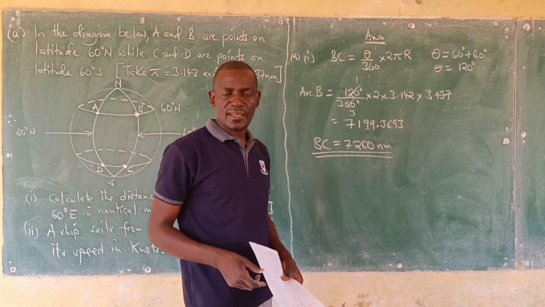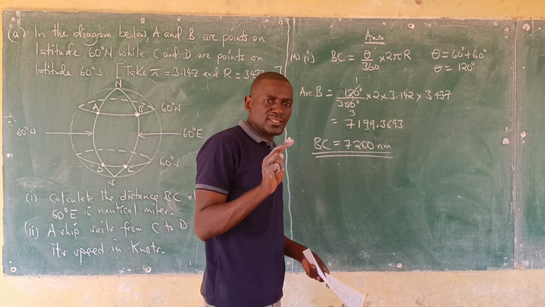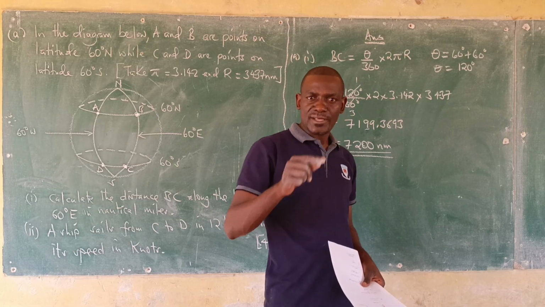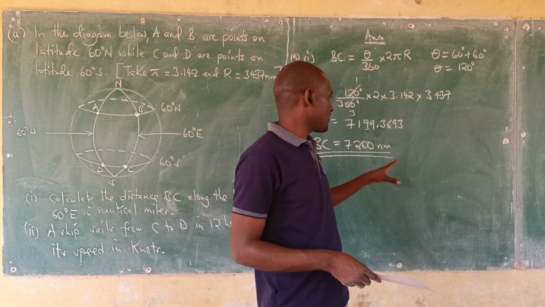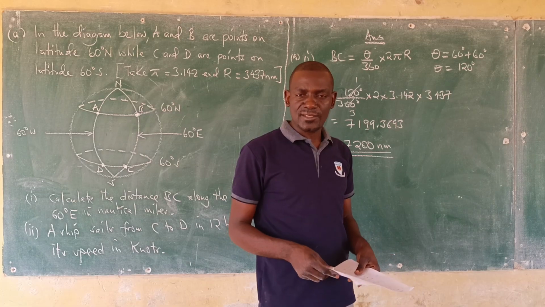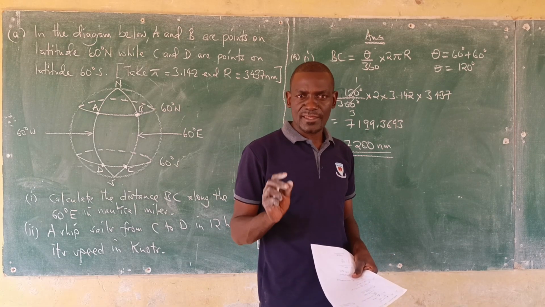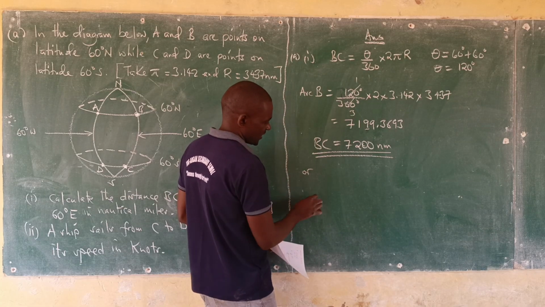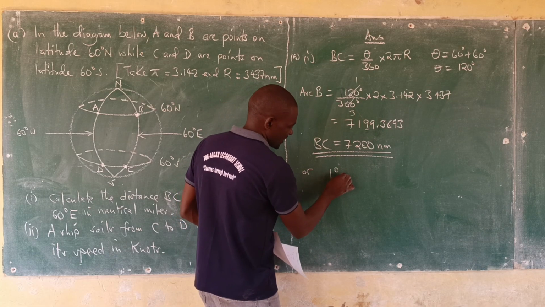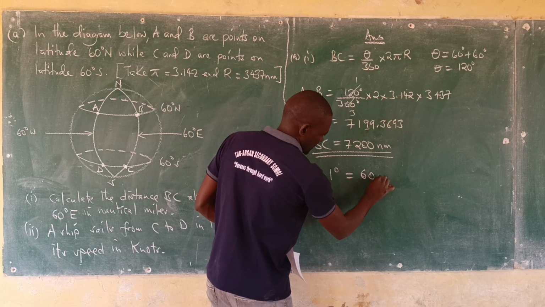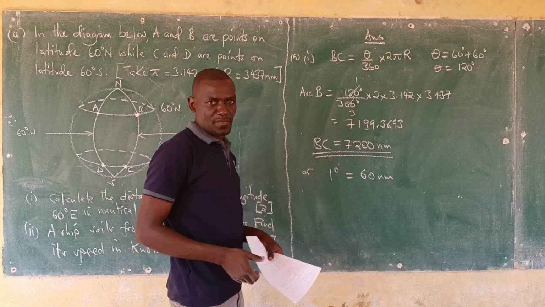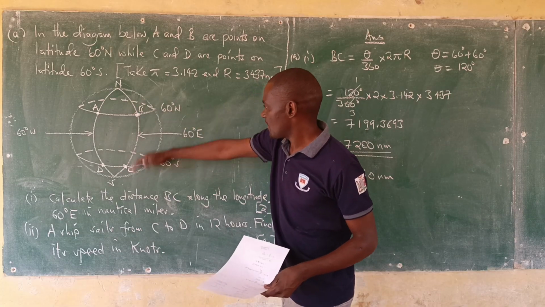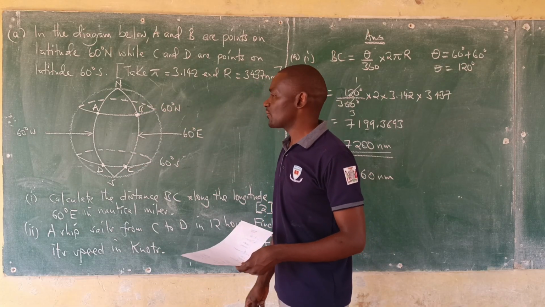But of course there is another option on 2 conditions. Number 1, if you are calculating distance along a great circle, at the same time, if you are calculating in nautical miles, there is another formula that we can use. So the simple formula, that's where we just say 1 degree is equivalent to 60 nautical miles. And then that difference where B and C are, it's 120 degrees.